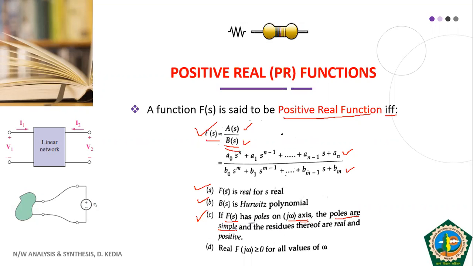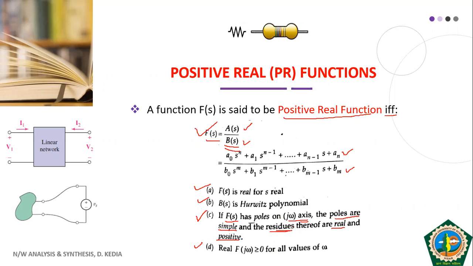I talked about this when we discussed pole zero plot also. Another important thing is that their residues, I'll tell you what is the meaning of residues, must be real and positive. With the help of one example, I'll explain how to obtain residues under this condition.